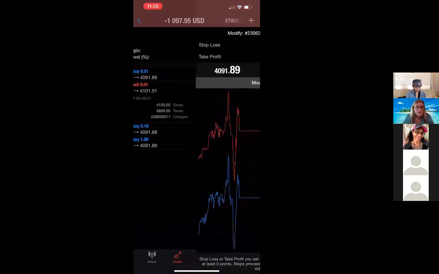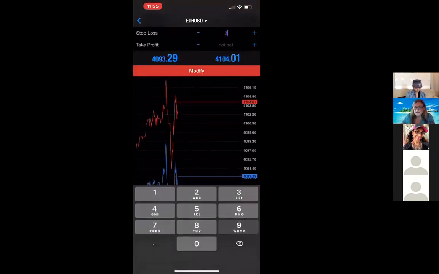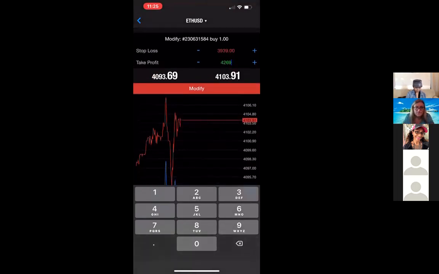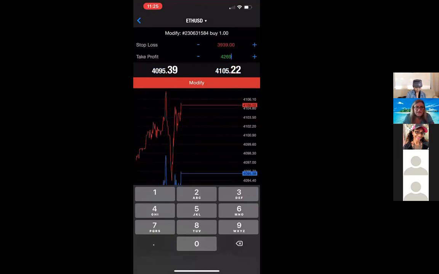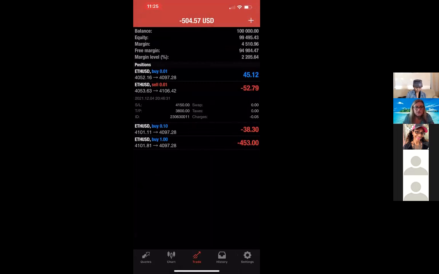We're going to put our stop loss at, what did I say? At 39.39, and our take profit at 42.69. And now we're in those trades. So now you can just let those run, and they're all going to close out at some point.